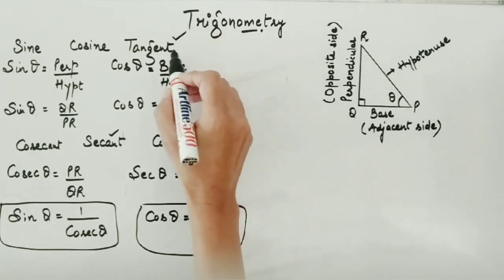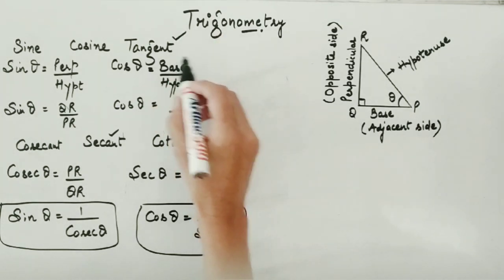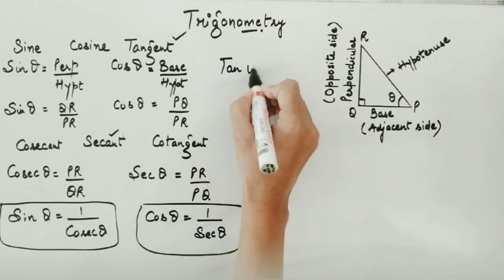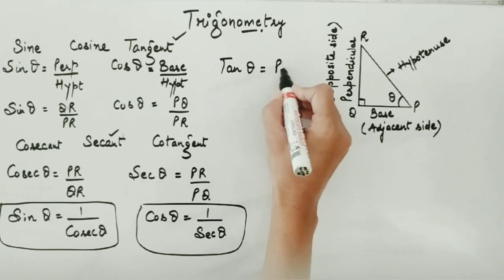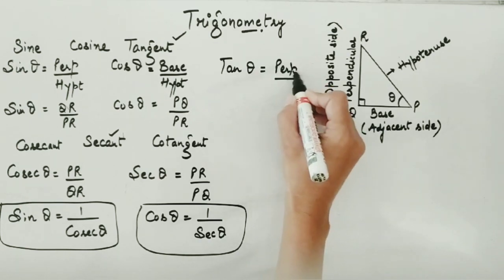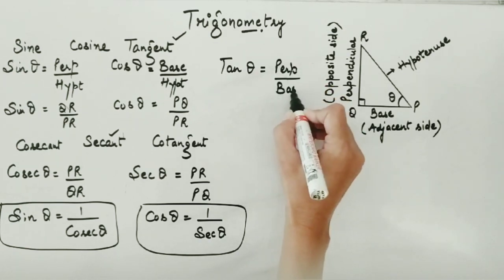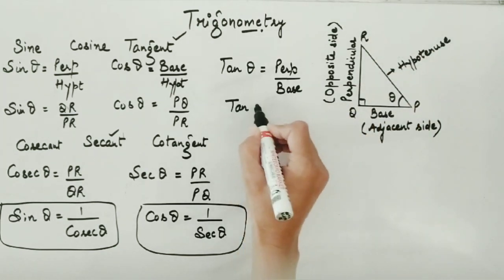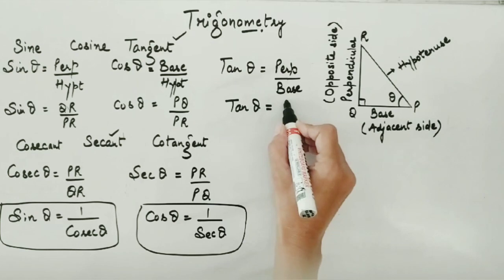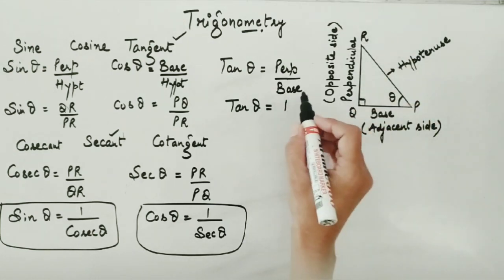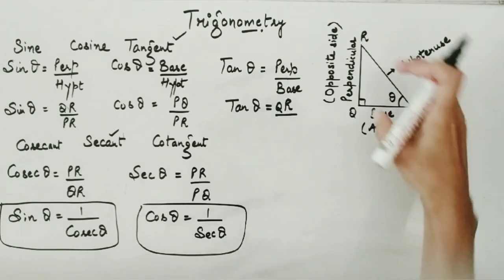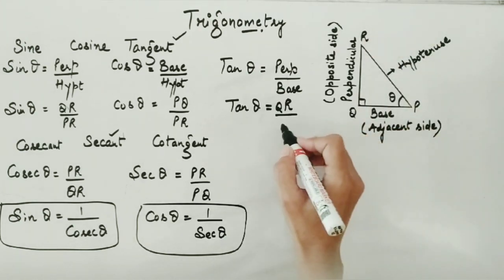Then moving on to the next function in terms of ratio of sides, tangent theta or tan theta would be perpendicular upon base. So tan theta becomes, what is the perpendicular here? It's QR. QR upon base, which is PQ.